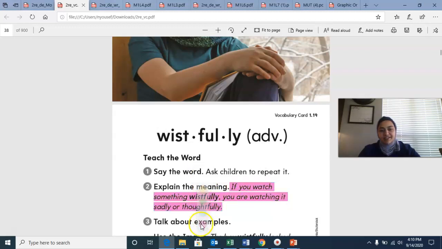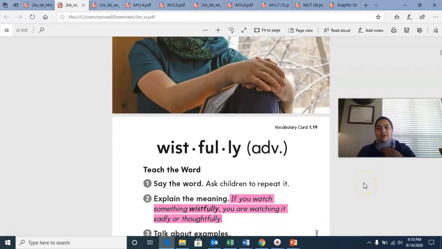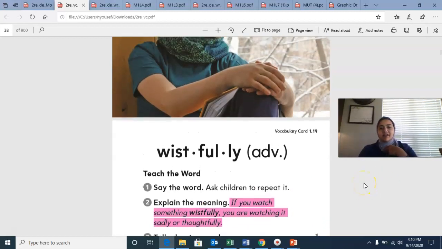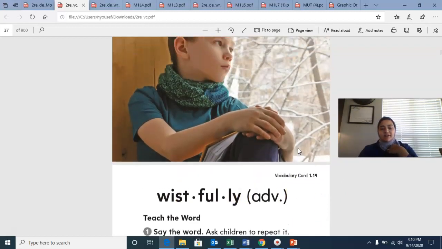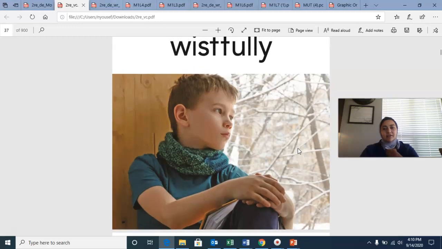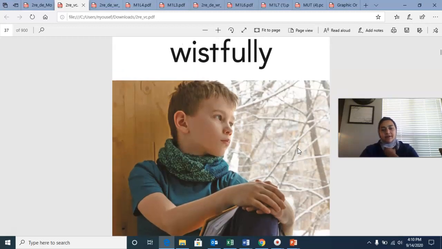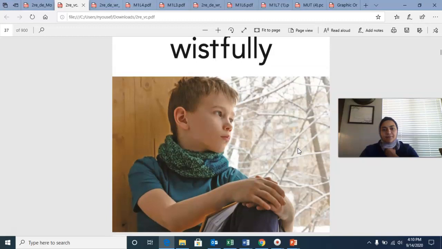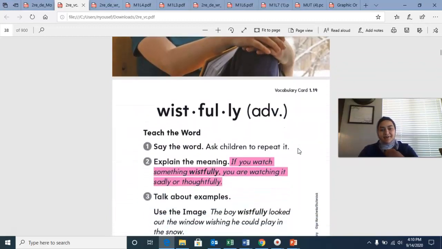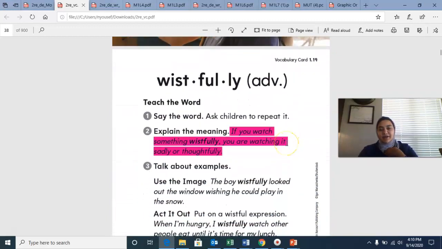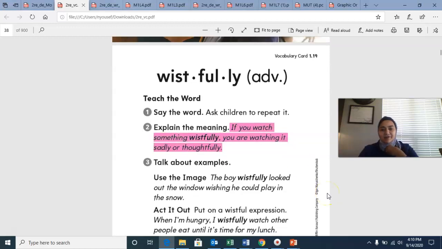When you're watching something in a very sad manner, in a serious mood, and you're really thinking about it, you're thinking about it wistfully. So go ahead and write down the word wistfully. The kid is looking out the window wistfully. It does look a little sad. If you want to pause the video now, you can. All right, I'm moving on.